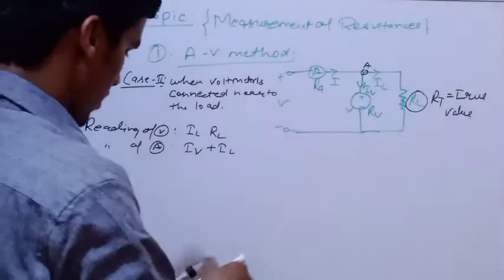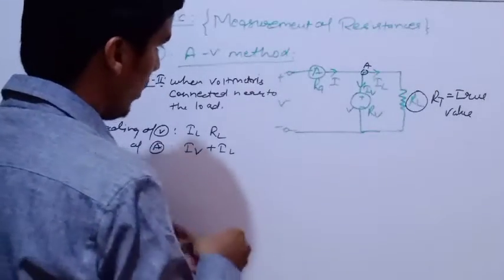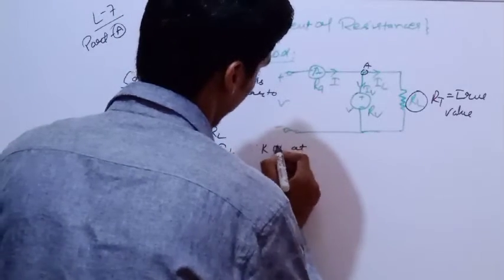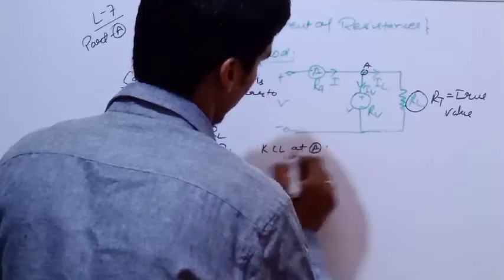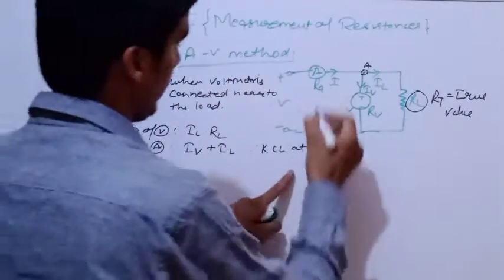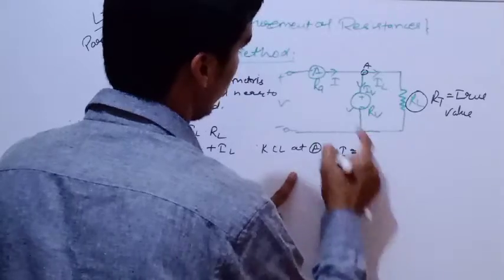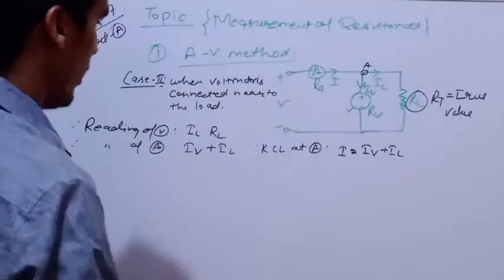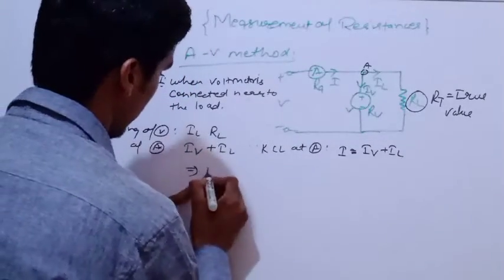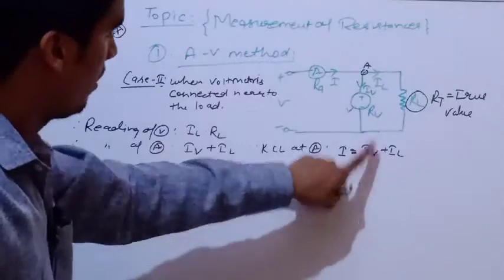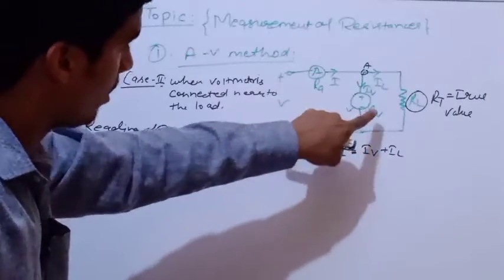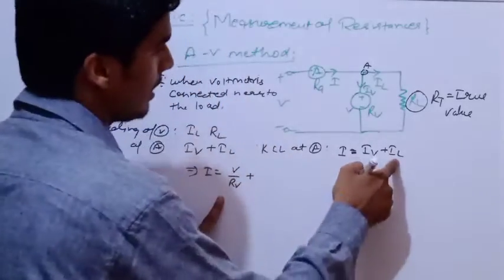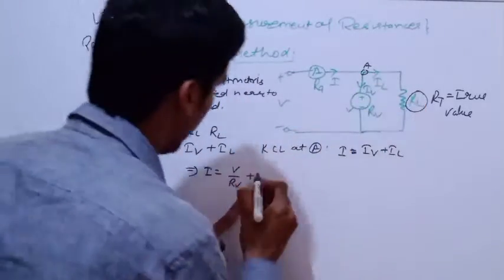So from point A we have to apply KCL at A, Kirchhoff's current law at point A. Where you can write down I is equal to IV plus IL. IV is V upon RV plus IL is V upon RL.